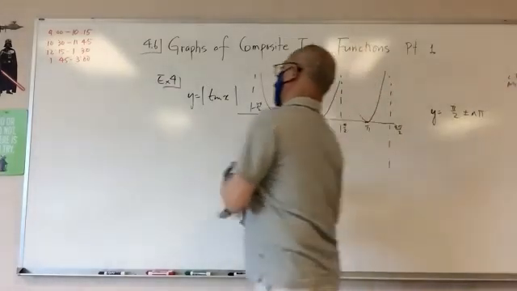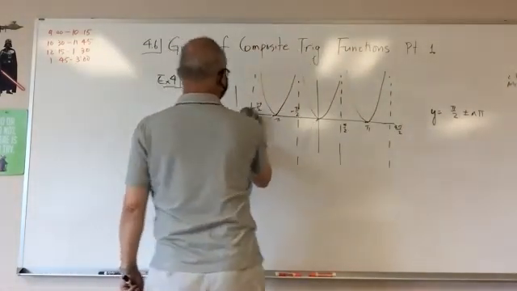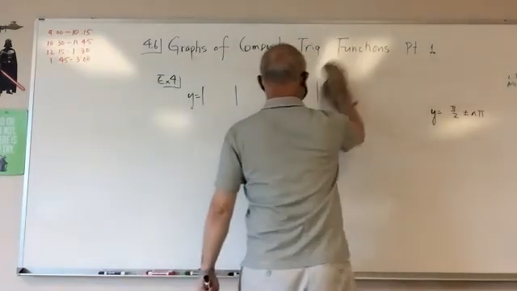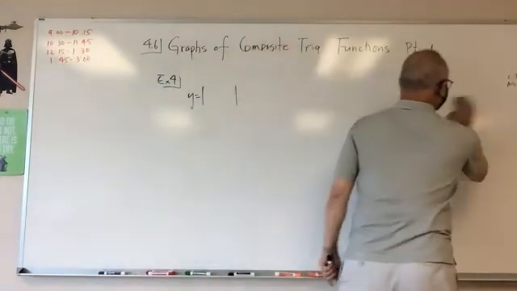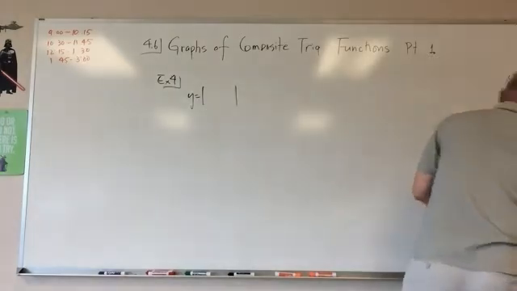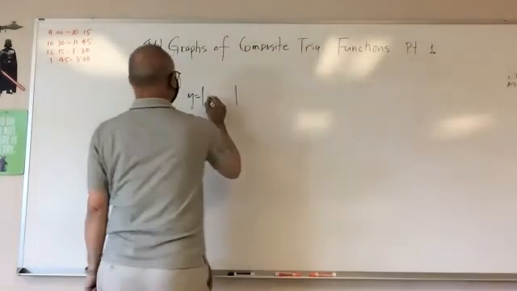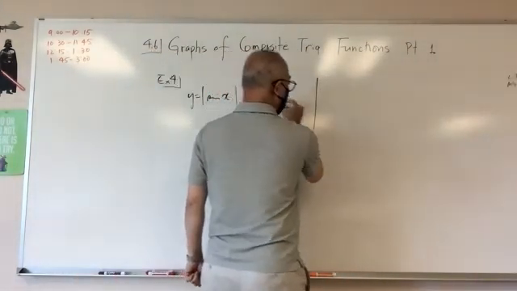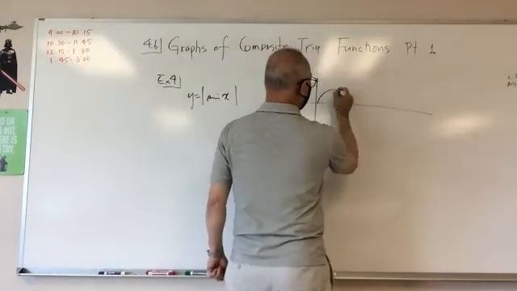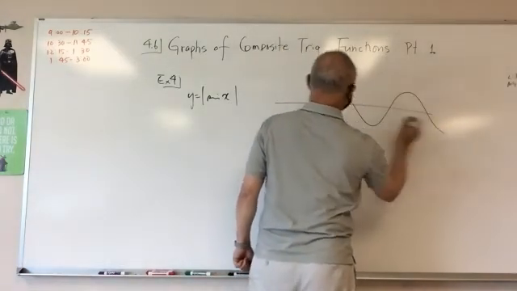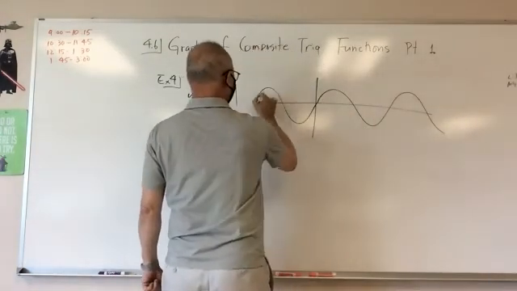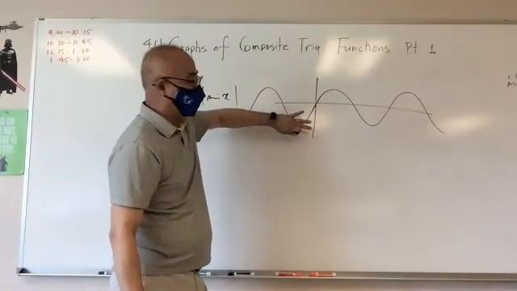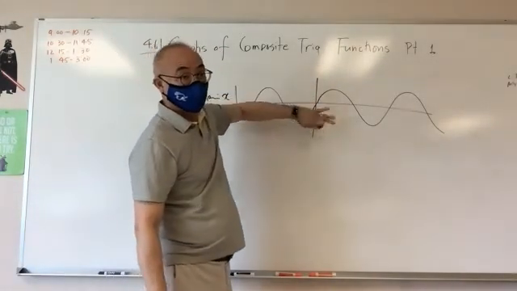So that's what tan x looks like. What about sin x? So for sin x, right? And then we're going to take whatever's negative, we're going to flip it over, right?